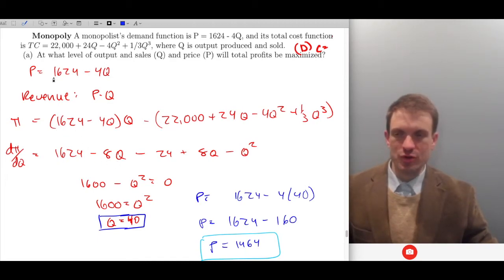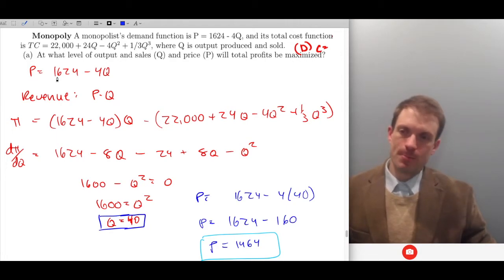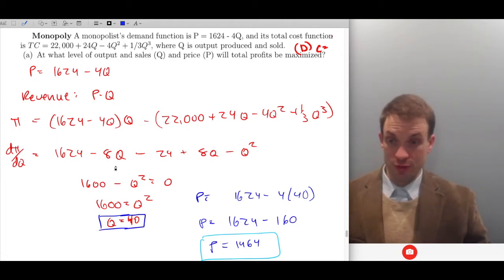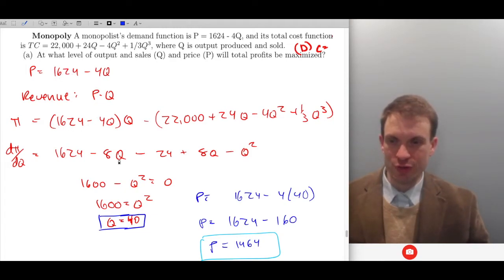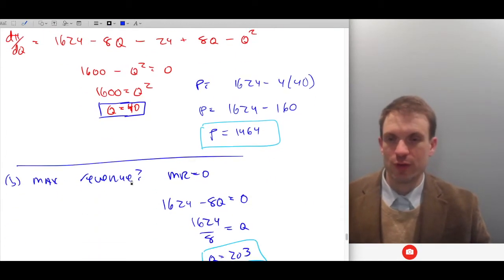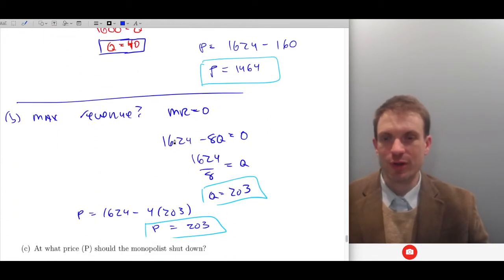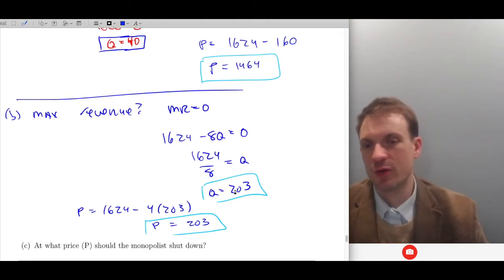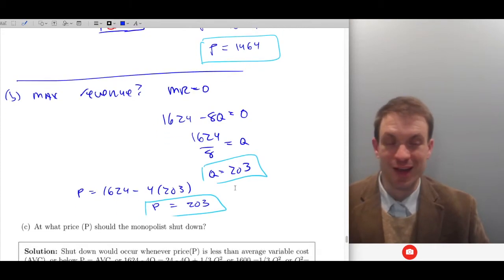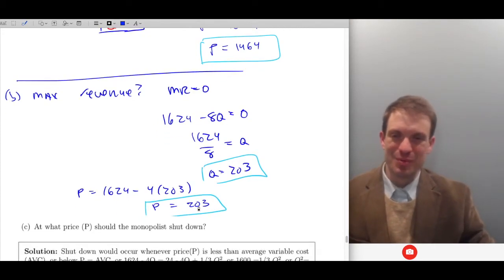You can get to the marginal revenue from the inverse demand by writing out revenue and taking the derivative, or you could just recognize it's going to have the same vertical intercept, 1624, and then twice the slope. So marginal revenue equal to 0: I'm going to take 1624 minus 8Q is equal to 0. Solving, we find a quantity of 203, and then oddly enough, the associated price is also 203.